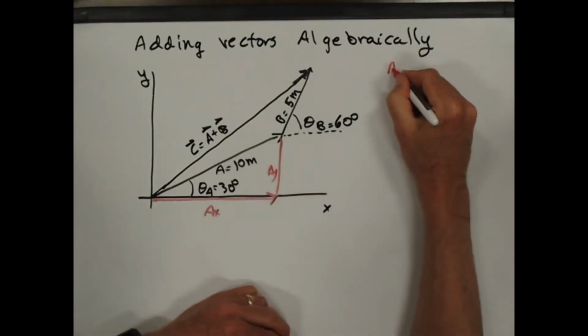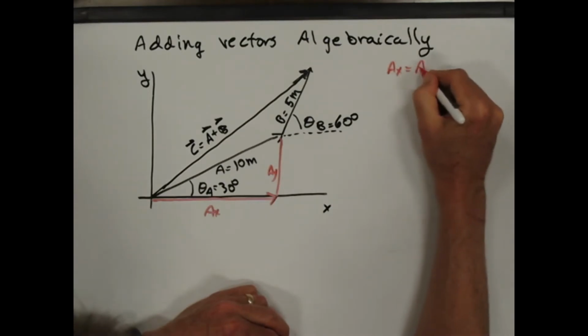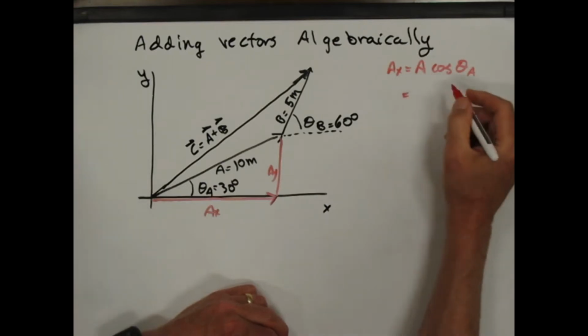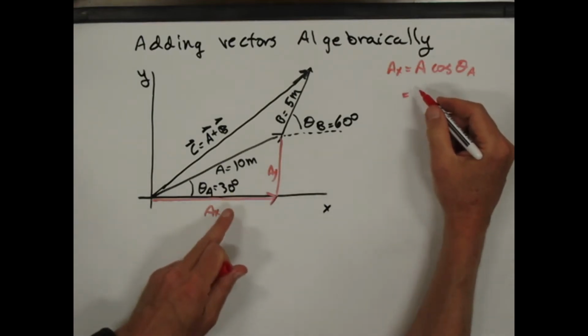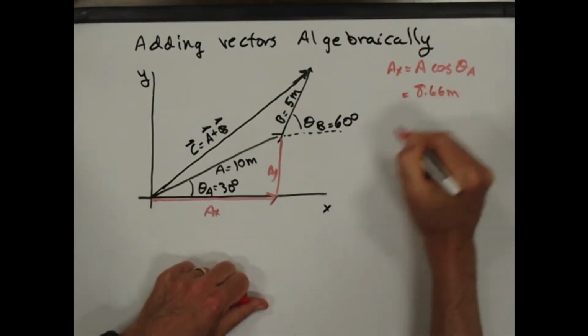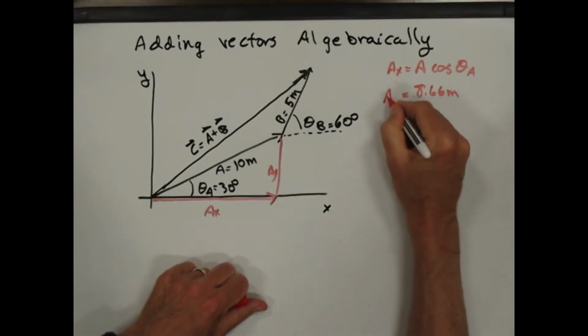We can write A sub x is equal to A cosine theta A. And if you remember, A is 10 meters and the cosine of 30 degrees is 0.866, so this is 8.66 meters. That's A sub x.